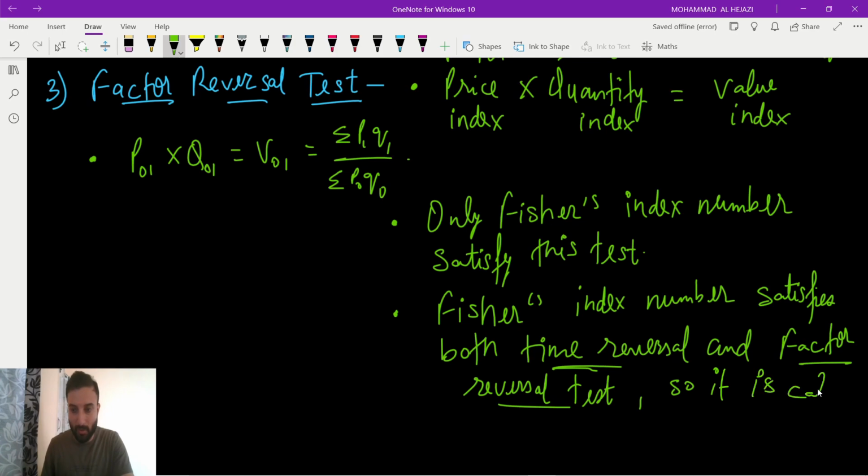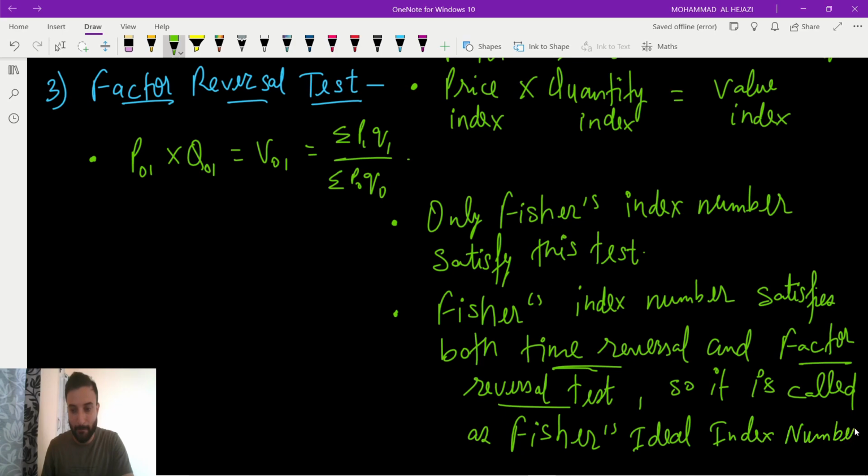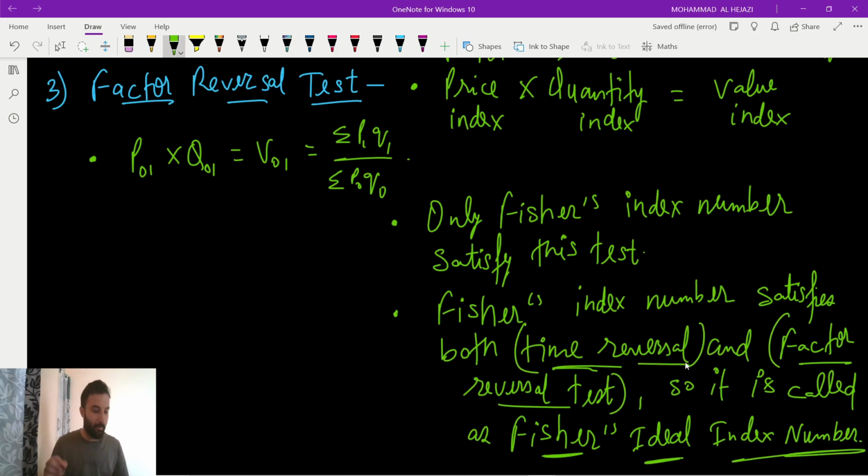So it is called Fisher's ideal index number. Why? Because it satisfies both the factor reversal test and the time reversal test. Remember, they will ask this in the examination.